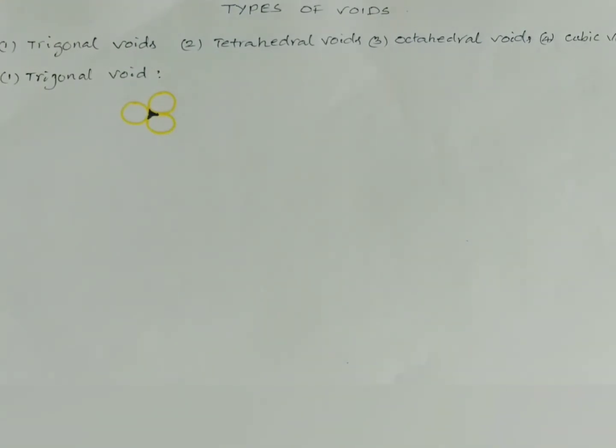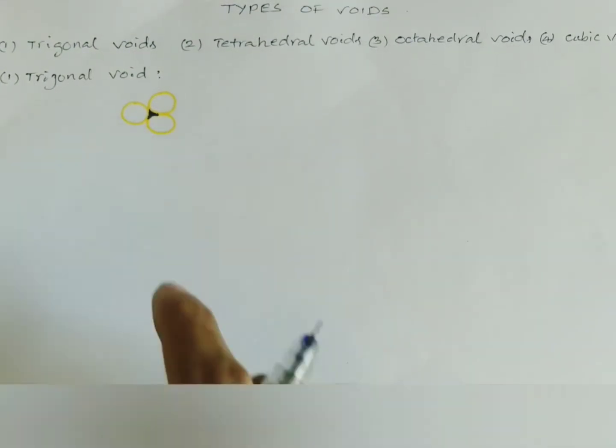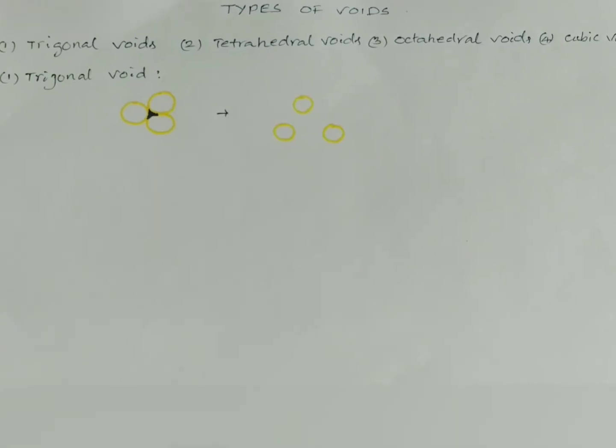Now if you open up these three atoms, it looks like this. Now if you join these atoms by using an imaginary line between the nuclei of these three atoms, you will get a triangular shape.